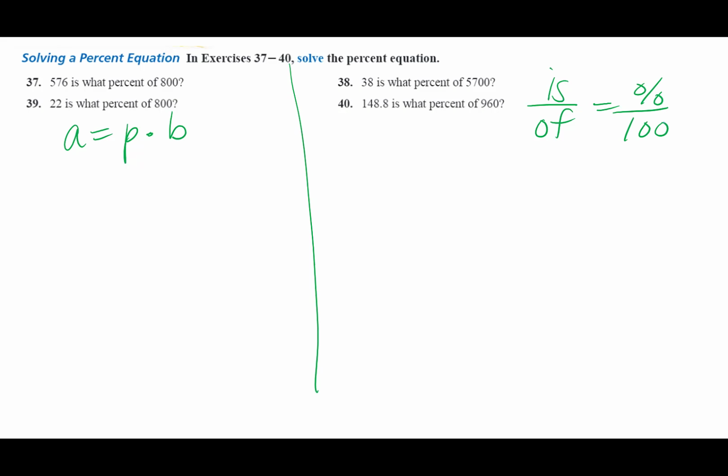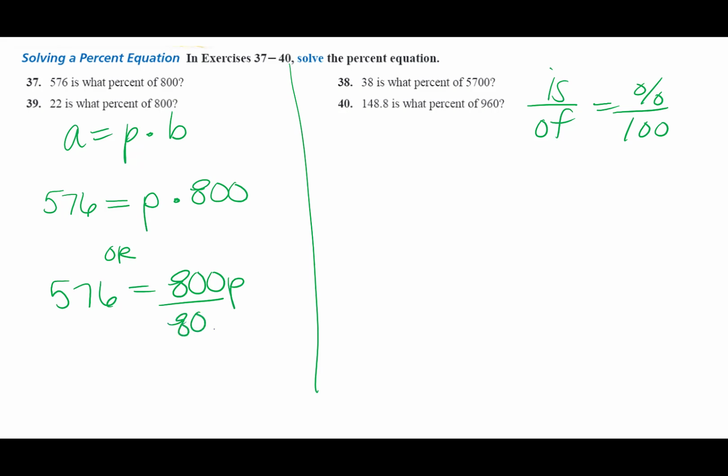Okay, first, 37. 576 is what percent of the total 800? So here's how we would fill that in the percent equation. A is 576 because that's the part, and we're comparing it to the whole, which is 800, equals, this time we don't know the P, so I'm just going to leave the P, times 800. It might be easier if I rewrote it this way, equals 800P.